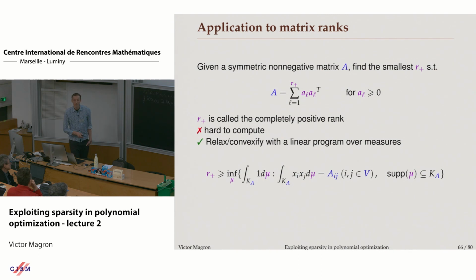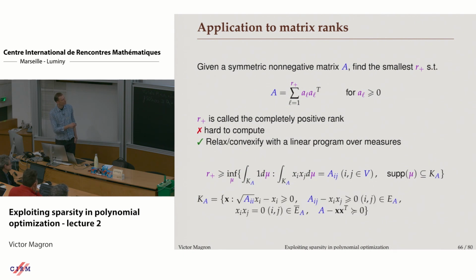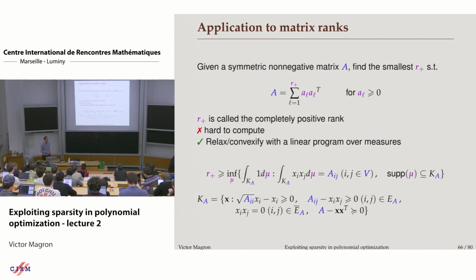Okay, so this is the relaxation of the problem. We don't really care about the details. In particular, there is this semi-algebraic set here. We don't really care about these inequalities and so on. I just wanted to show you that we have these ideal constraints, equalities here, and this was the starting point of this collaboration and this ideal sparsity framework.